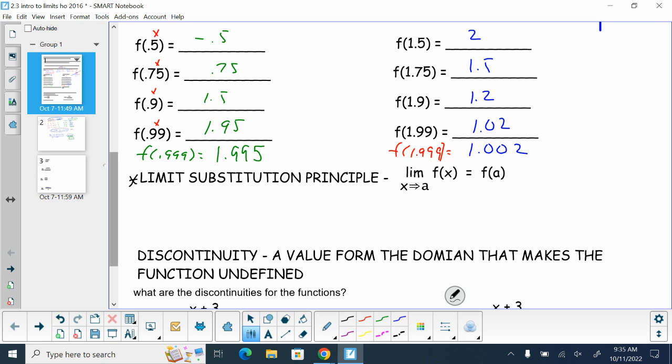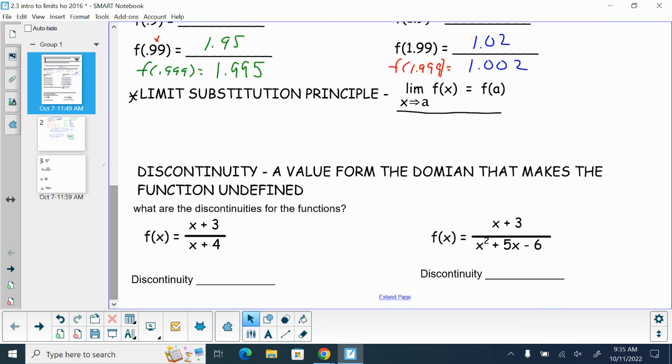But there are other facets of limits that we will have to deal with that will not allow us to do this. We have to go back and take a look once again at discontinuities. A discontinuity is a value from the domain that makes the function undefined.